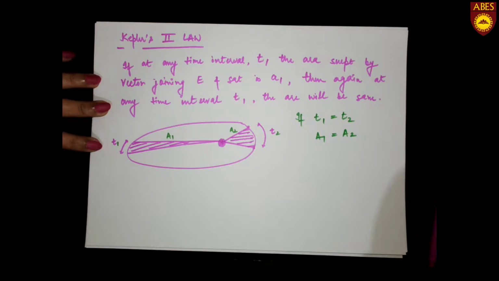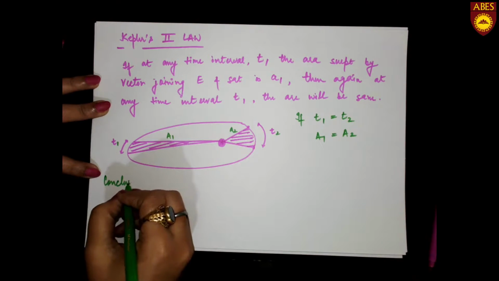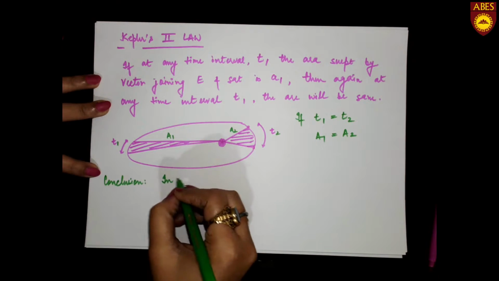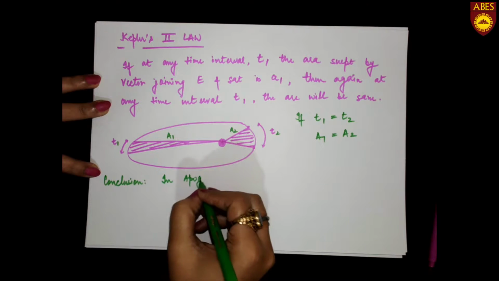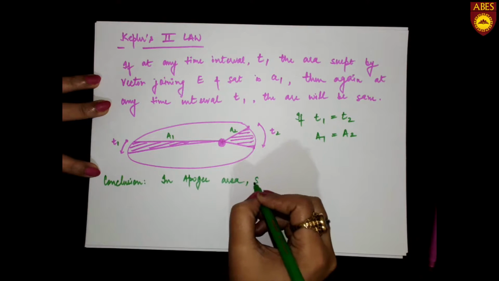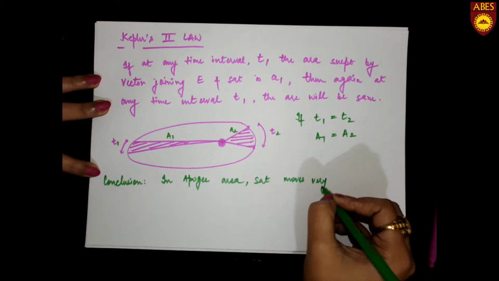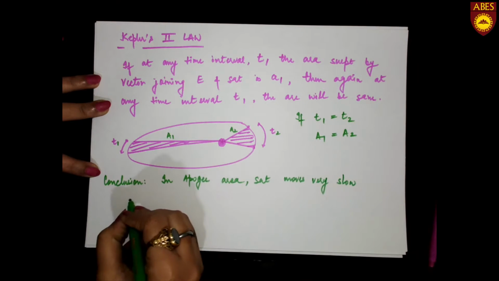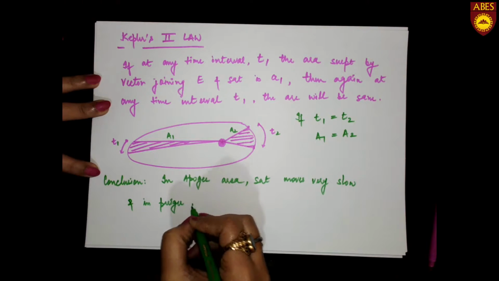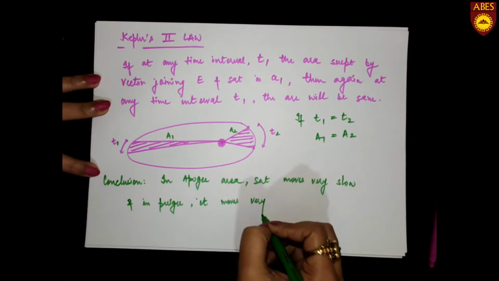Now this concludes that at apogee the satellite moves very slow and at perigee it moves very fast.